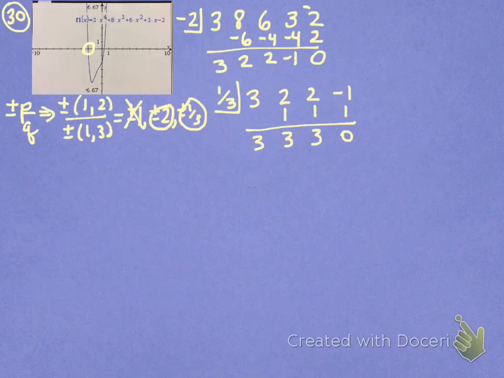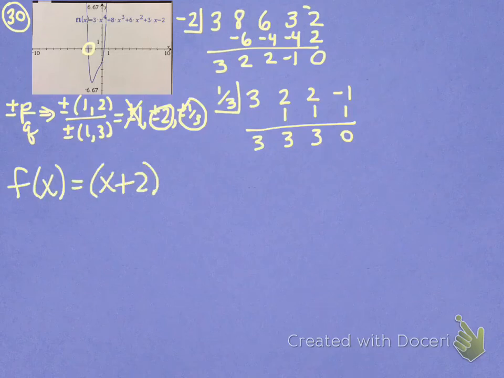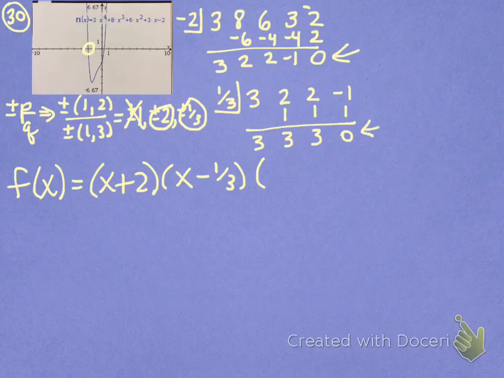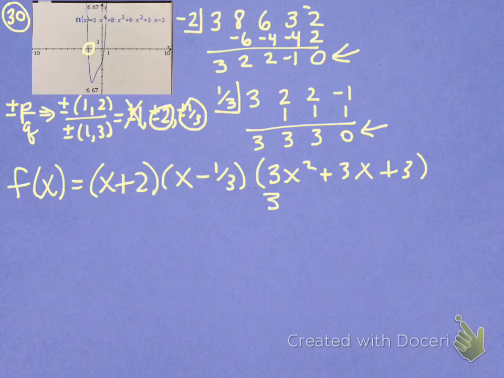So we have f of x equals x plus 2 times x minus 1/3. And we translate that last line into, because we started with a 4th degree, and this one was 3rd degree, this one is quadratic, so we have 3x squared plus 3x plus 3, and that one is screaming at me to take that 3 out, so I could write that as 3 times x squared plus x plus 1.